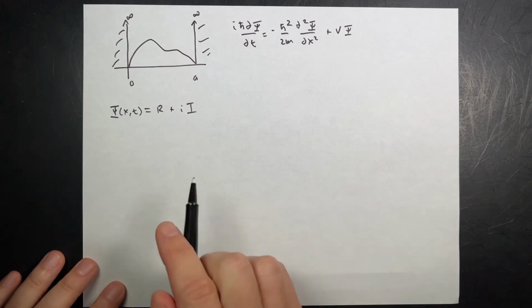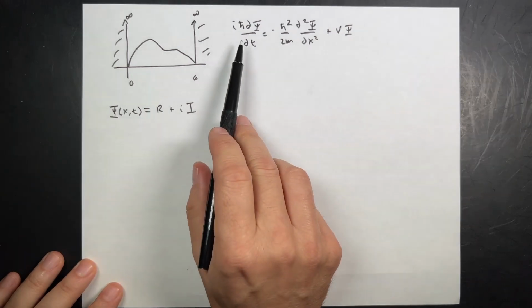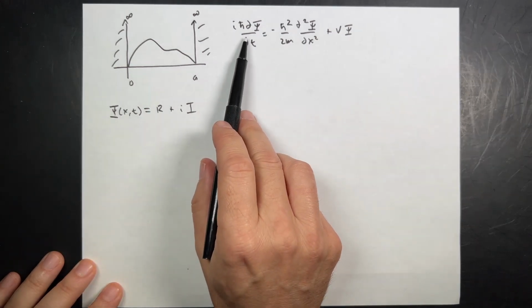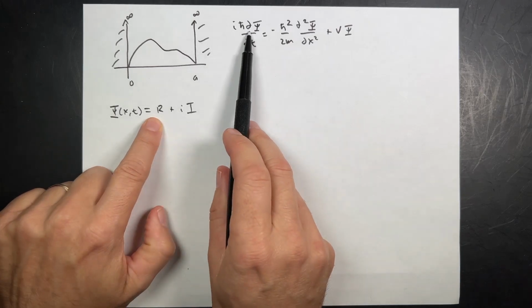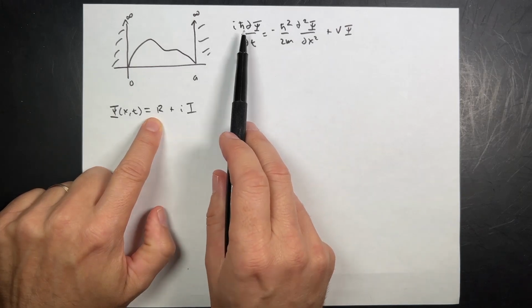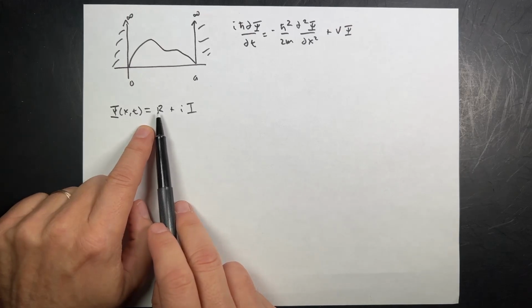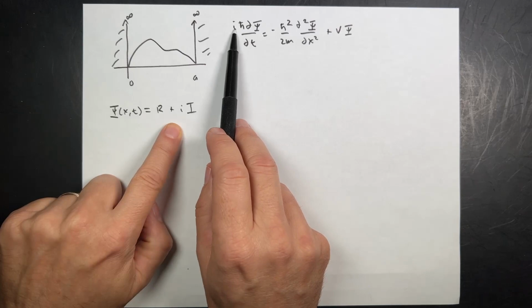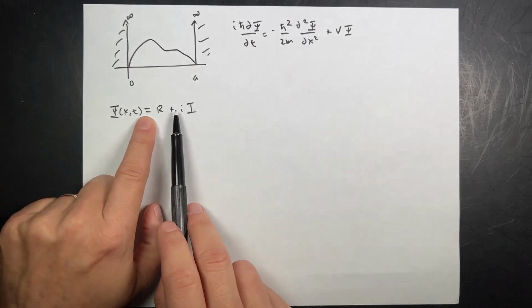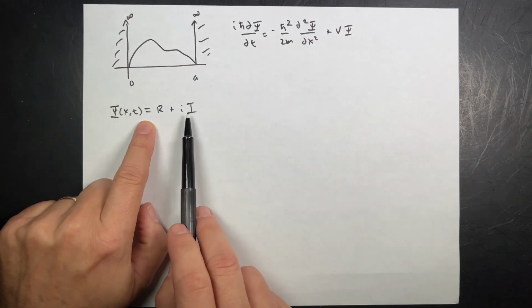So let's just plug this into this equation up here, right? If I plug in r plus i to this, and I take the partial derivative with respect to t, I'm going to have the partial of r with respect to t plus i times the partial of i with respect to t. But I have an i times an i, so this is going to end up being real.